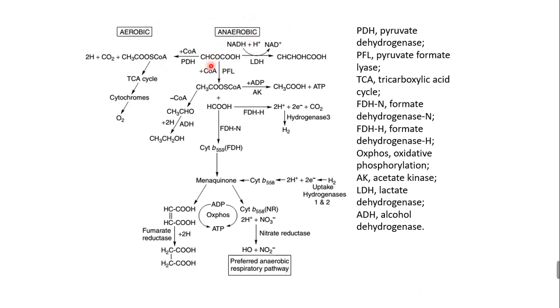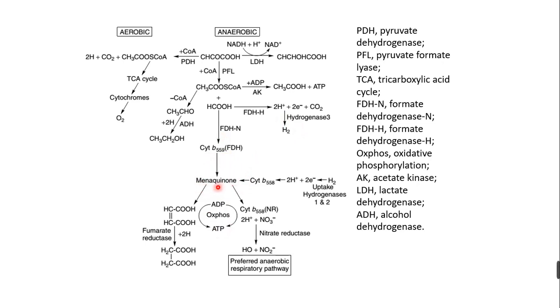Okay, this is the organic acids. Organic acids undergo further metabolism, and it will produce either H2, that is hydrogen liberation, and also, if it is involved with cytochrome b559, they will be forming menaquinone.